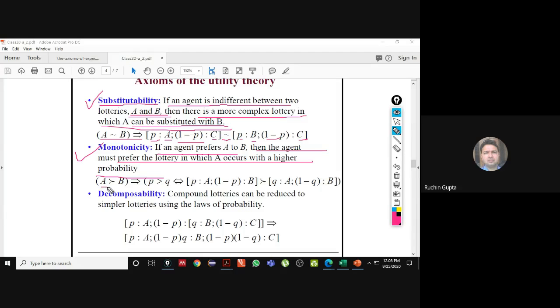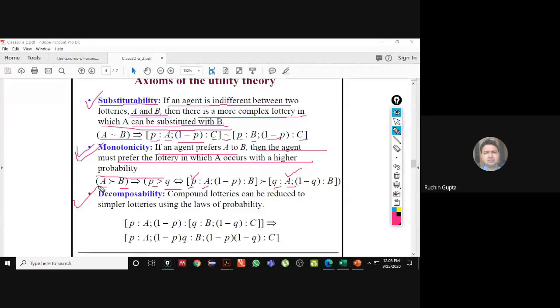So if there are two lotteries with A and B, and the agent prefers A with respect to B, then there will exist probabilities P and Q such that the probability P with A is going to be greater than the probability Q associated with A, because A is preferred over B. So A would have greater probability compared to the other probability associated with A. So this rule is known as the monotonicity rule.